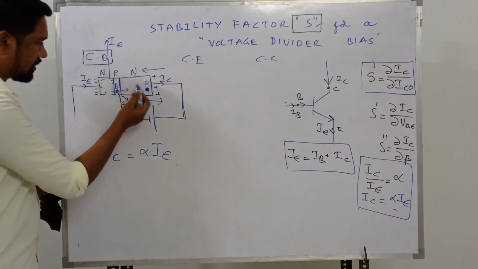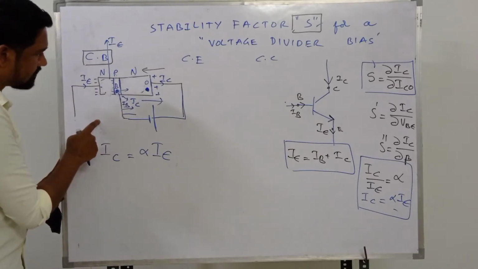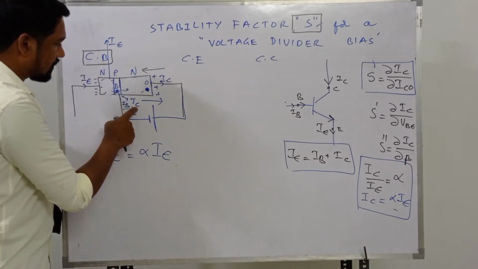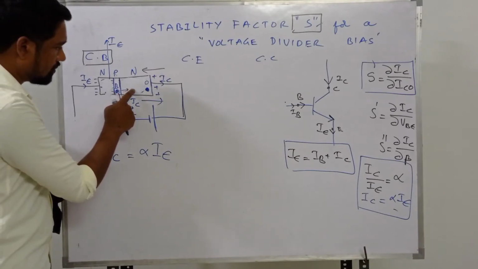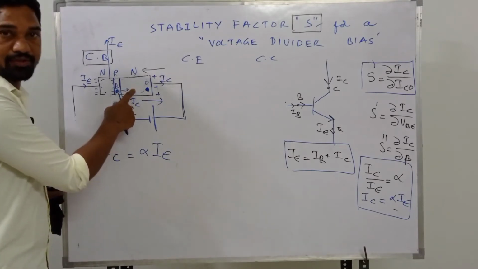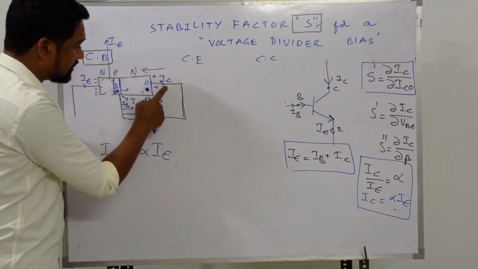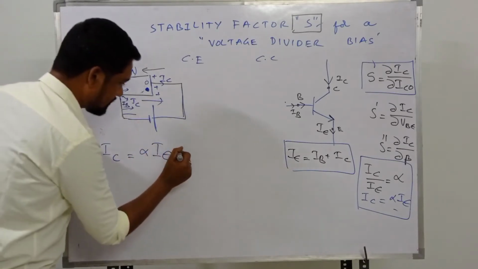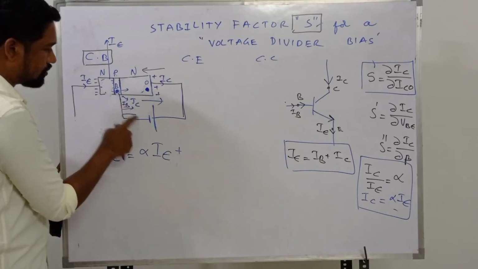In the sense, in the absence of the forward bias voltage, when the collector junction is reverse biased, a reverse saturation current will also be flowing in the collector region, right? And so the total collector current is equal to the emitter current this much plus the reverse saturation current due to the reverse bias.